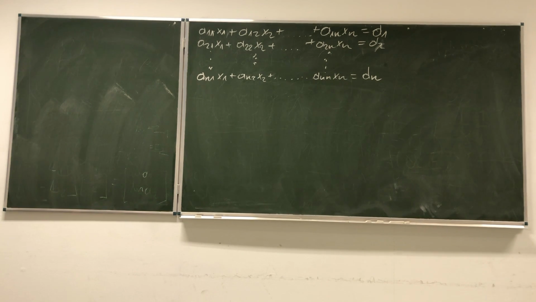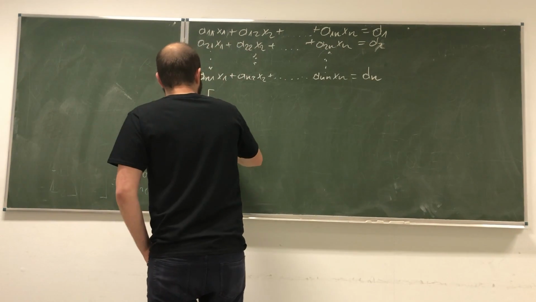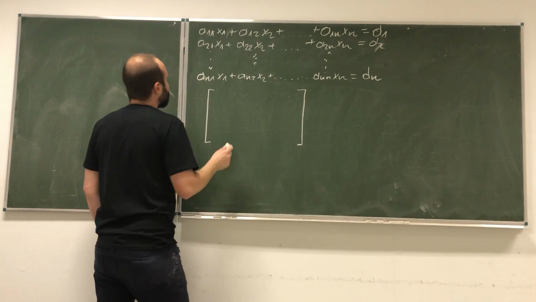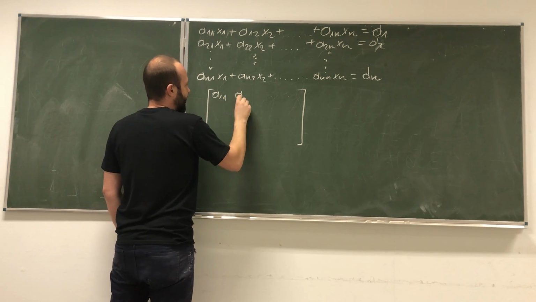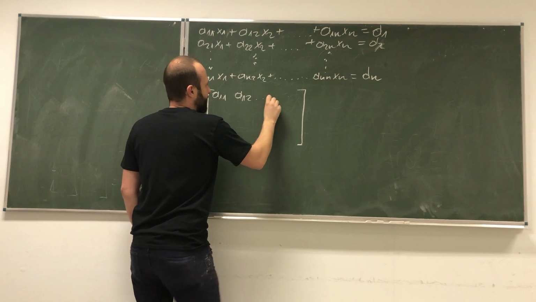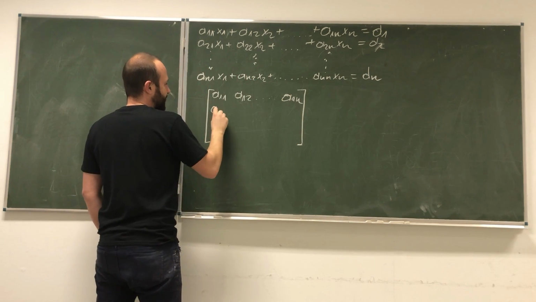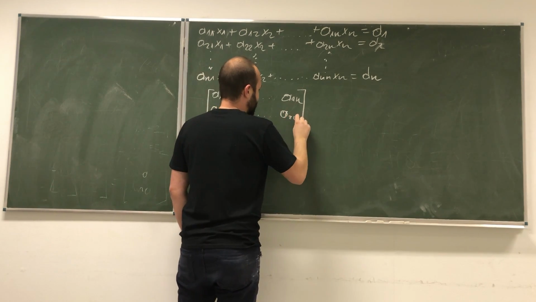And now, what can I do with this? How can I rewrite this into matrix form? Look, again, we will start with this big table over here, and I will start with a11, a12 until a1n. Here I will start with a21 and a22 until a2n.